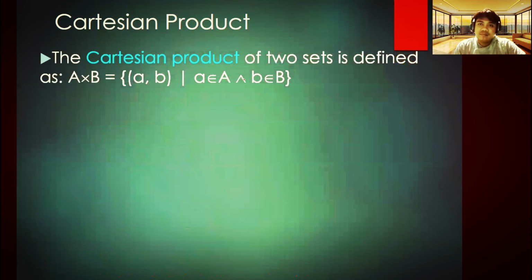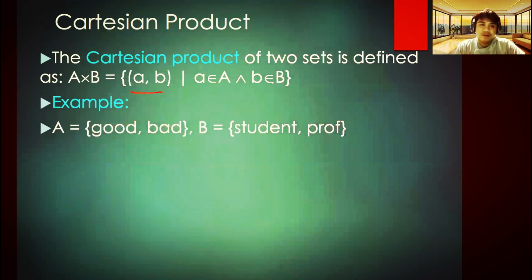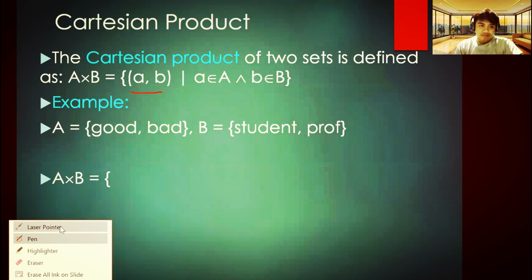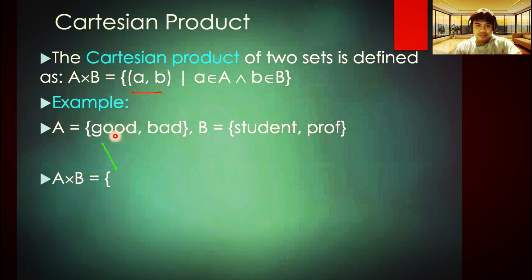Next. We have here the Cartesian product of two sets defined as A times B. So we have here ordered pair (a, b), where a is element of set A and b is element of set B. So we have your example. So we have good, bad as our set A, and we have B with student and professor. For us to get the Cartesian product, so kukunin natin yung first element A, good.